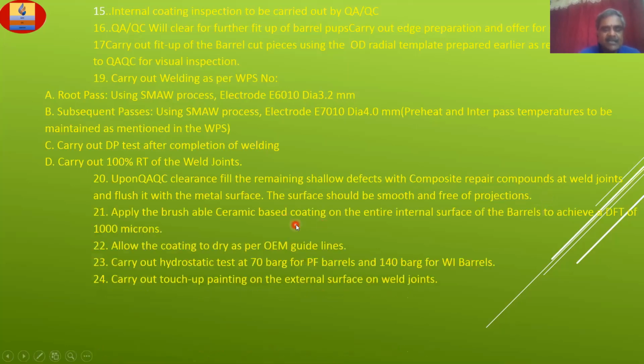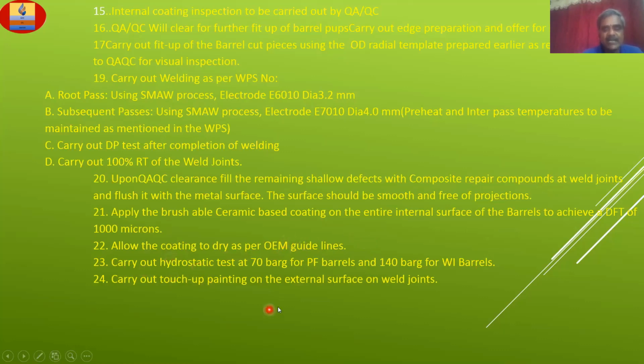Apply the brushable ceramic base coating on the entire internal surface of the barrels to achieve DFT 1000 microns minimum. Allow the coating to dry as per OEM, original equipment manufacturer guidelines.